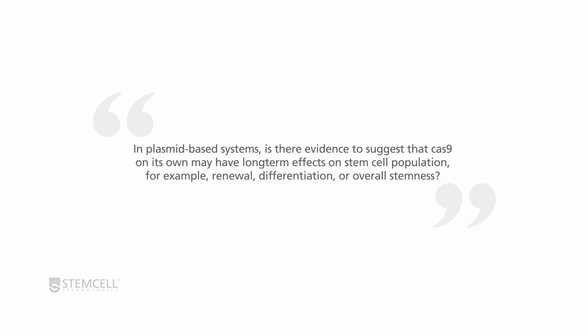But the longer that Cas9 is around in the cell, it could possibly interact with the genome and generate a break. It is a nuclease, so it can cut DNA. And so long-term expression of Cas9 is likely going to impact the cell in some way or another, but I don't think there's any specific data showing that phenotype.